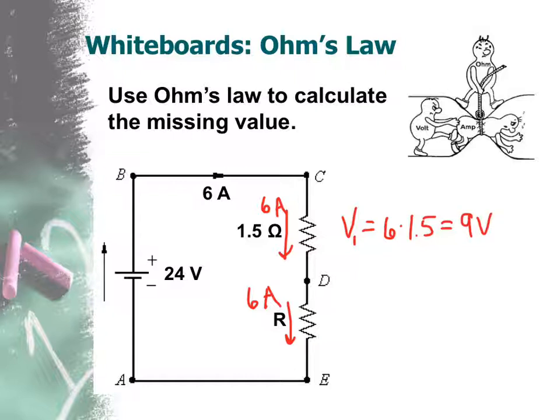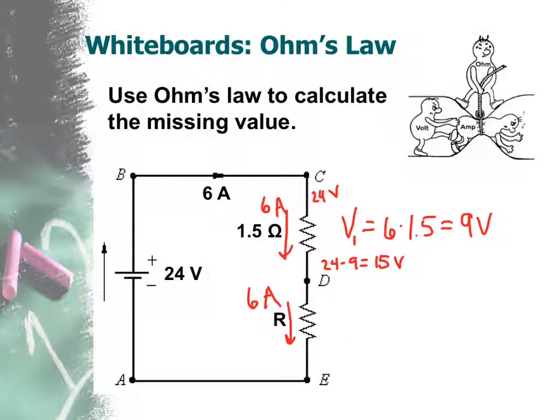Well, if that is a voltage difference of 9 volts from here to here, that means if we start off at this terminal with 24 volts, then this also is at 24 volts, and this point after it is at 24 minus 9, which is equal to 15 volts.